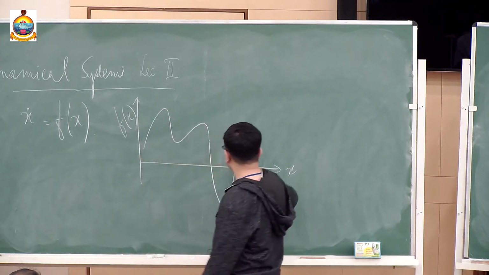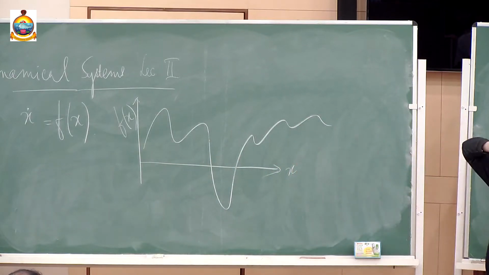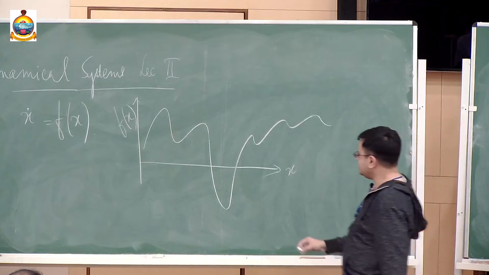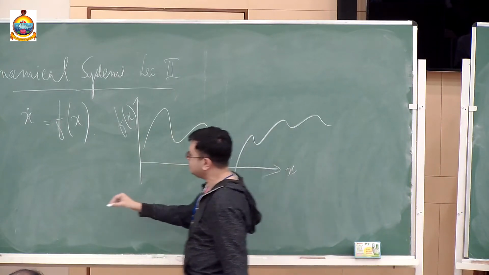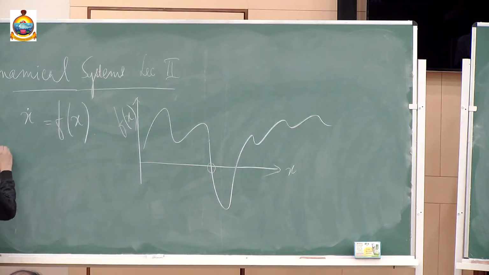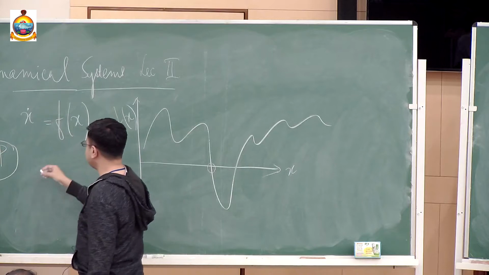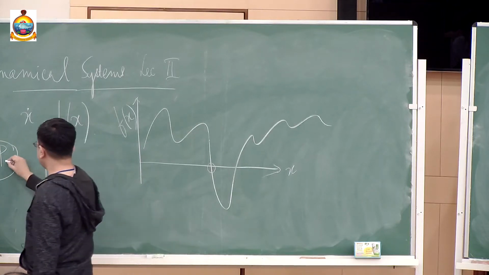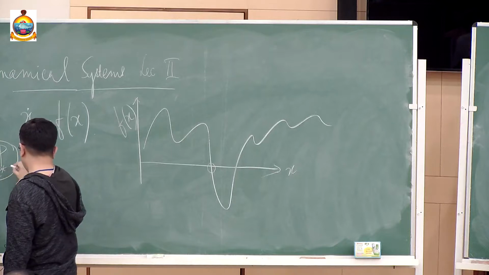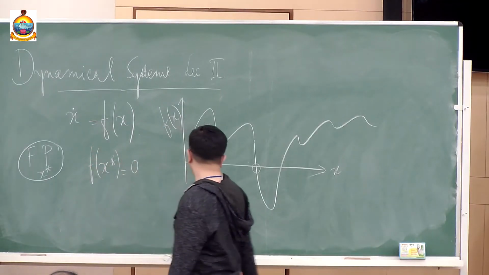So let's say you have a function like this. I just drew a random one. So you see that these are your fixed points, because these are points, fixed points by definition. So I'll use the abbreviation FP for fixed points. Fixed points x star satisfy f of x star is equal to 0.